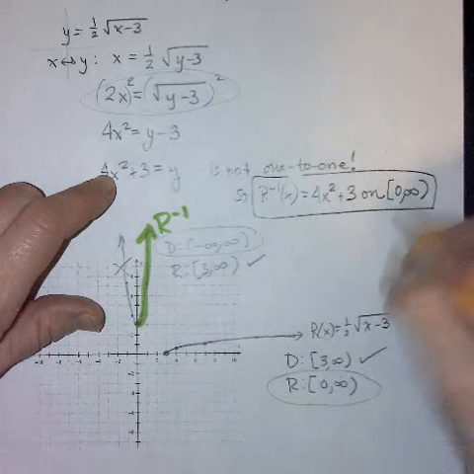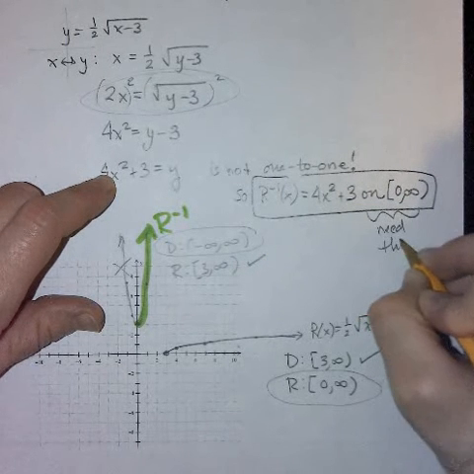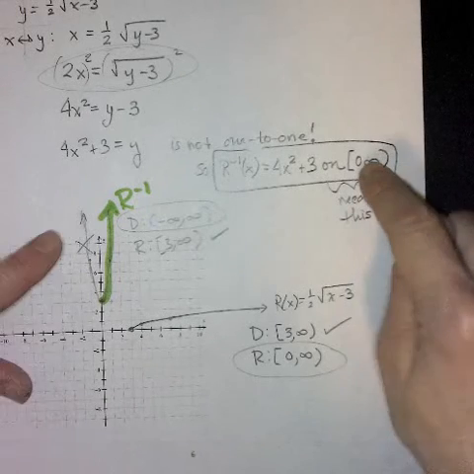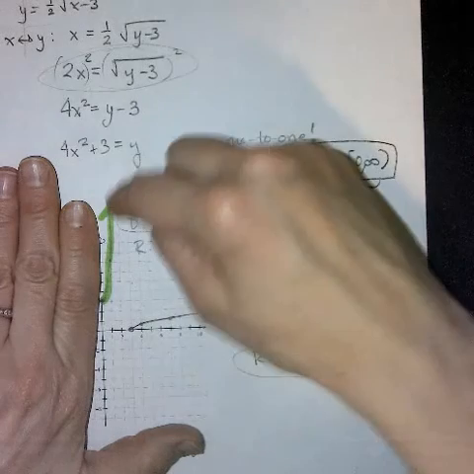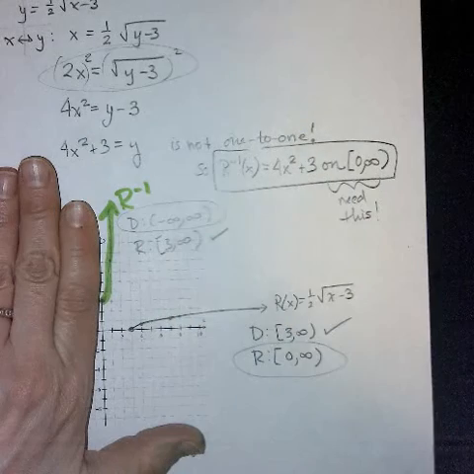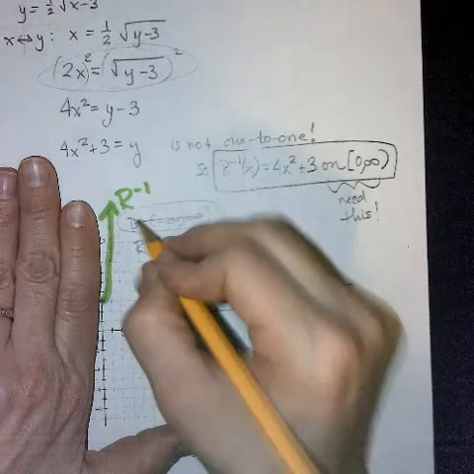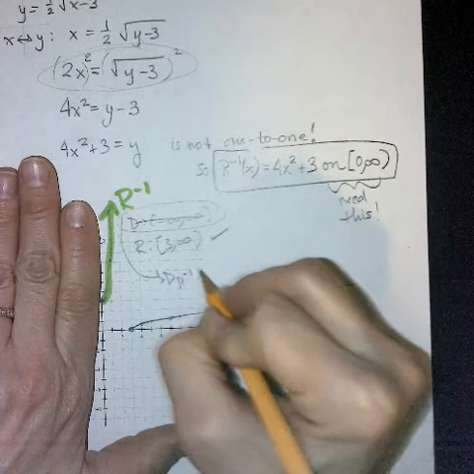If you don't have that, it's not the true inverse. This is 1 to 1, right? That would pass the horizontal line test. And notice that then, this is not the domain of R inverse. Now its domain is what we want, 0 to infinity, because we've restricted it and made it what we need.